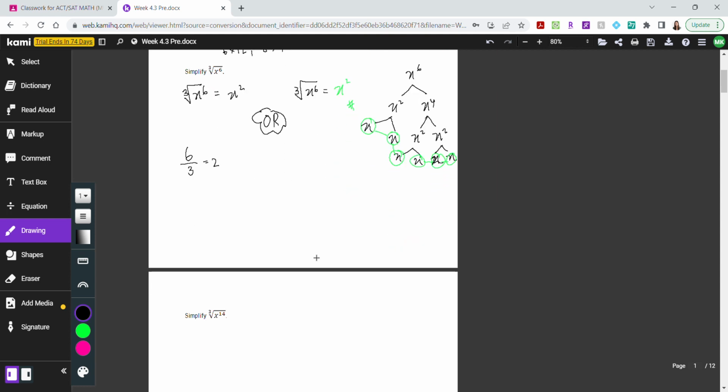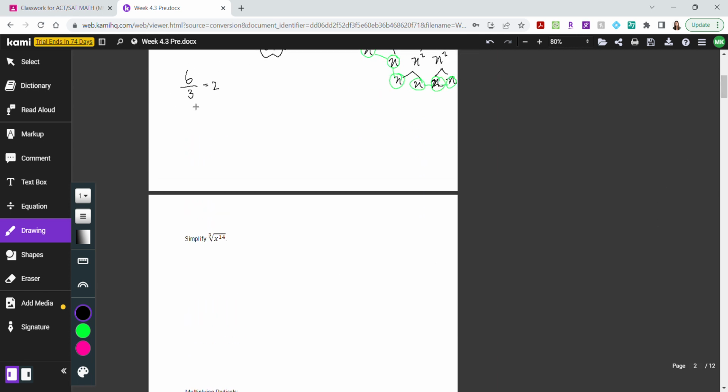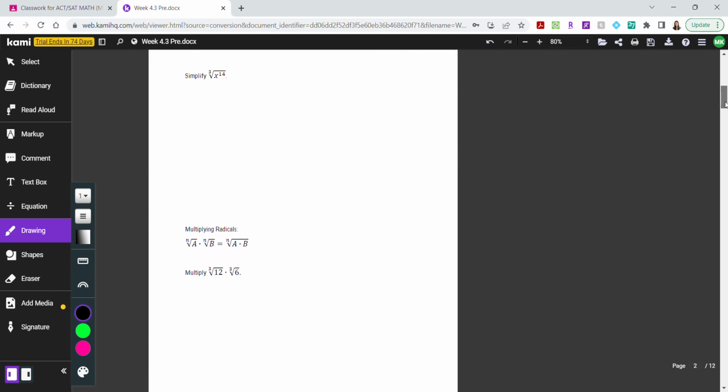Now I'm going to show you at the bottom, if we use the dividing method, how to write the solution if we have a remainder. So let's simplify cube root x to the power of 14, right? So I'm going to do 14 divided by 3. I know 3 can go into 14 4 times, right? So like this.